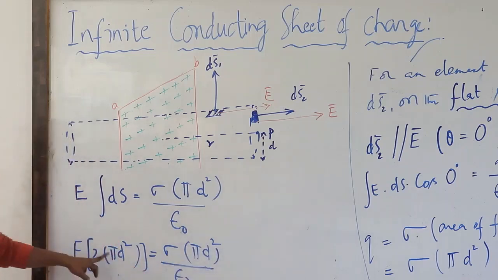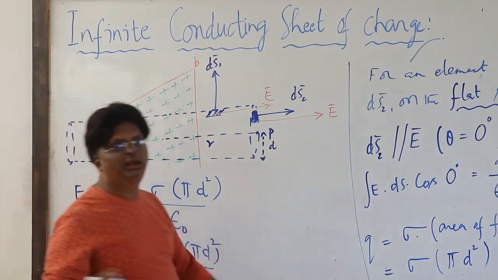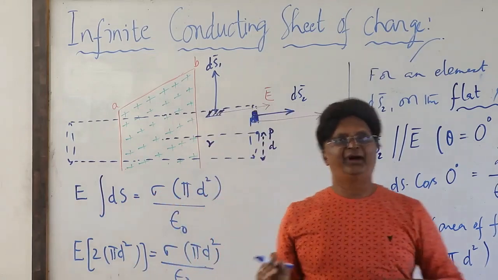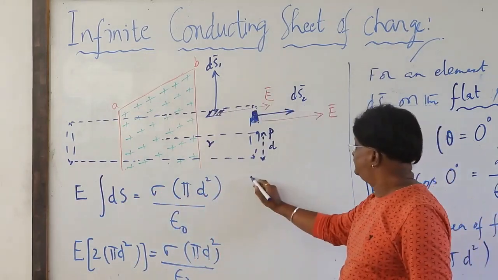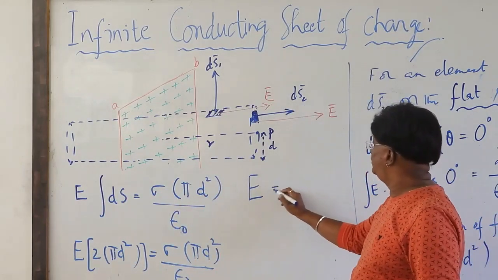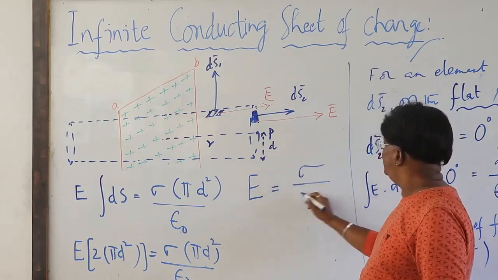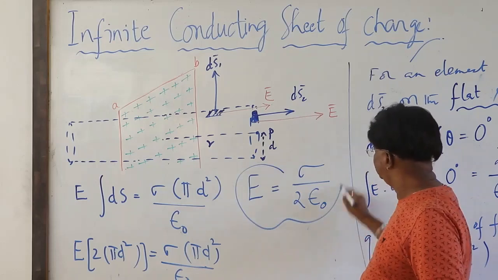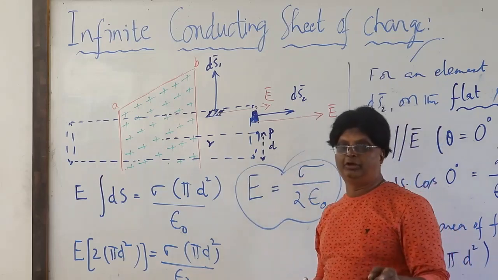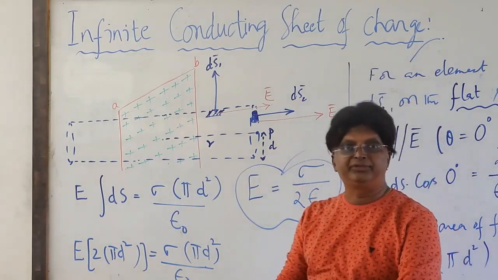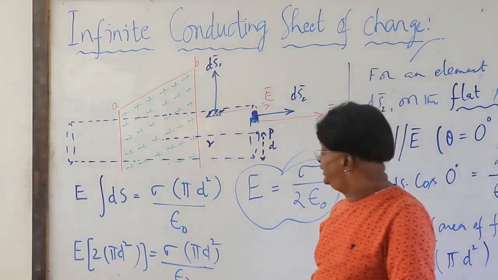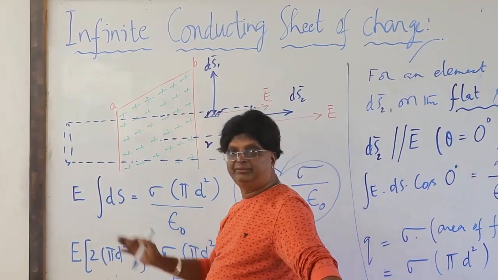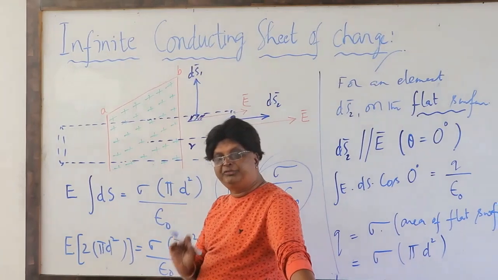Now what do you observe? Pi d squared on either side. So the final result is capital E is equal to sigma by 2 epsilon naught. Here, two things please remember. When you are writing this ds, which part are you writing?